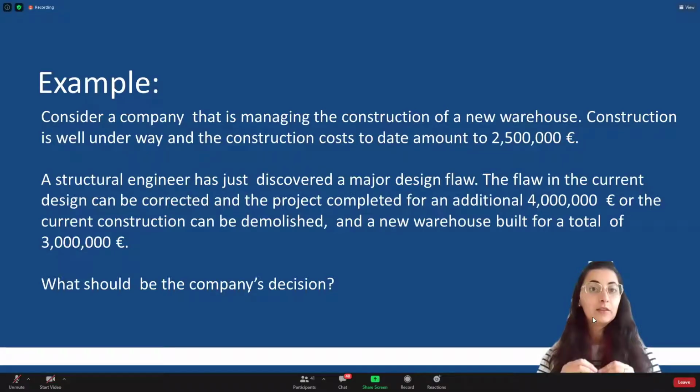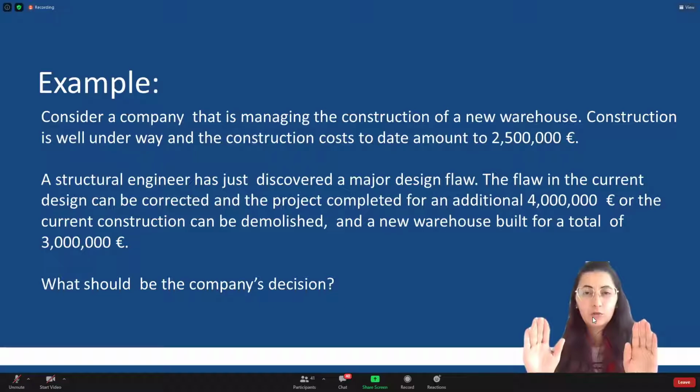Very good. So the first thing we need to do is to identify clearly the decision we have to make. Here we have the decision between repairing what we have, correcting the project, and demolishing what we have done so far and building a brand new warehouse.